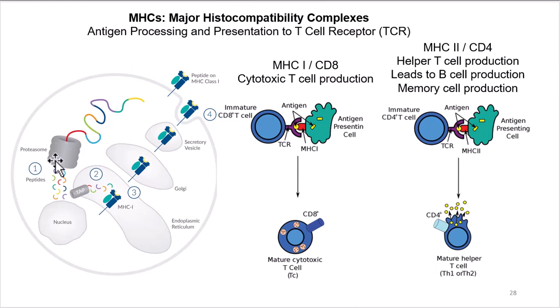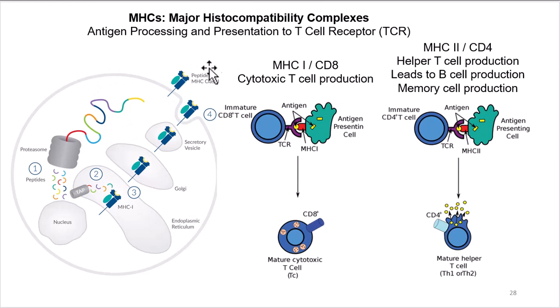It goes into something called a proteasome, which we're going to talk about in a moment, and it cuts it up into smaller peptides. It then goes to the endoplasmic reticulum, where it will bind one of these MHCs. The peptide bound to the MHC will then go to the Golgi, which packages it into secretory vessels, which bring it out to the surface of the cell, where, if that antigen, a protein with that peptide in it, binds to it, it will then activate it.